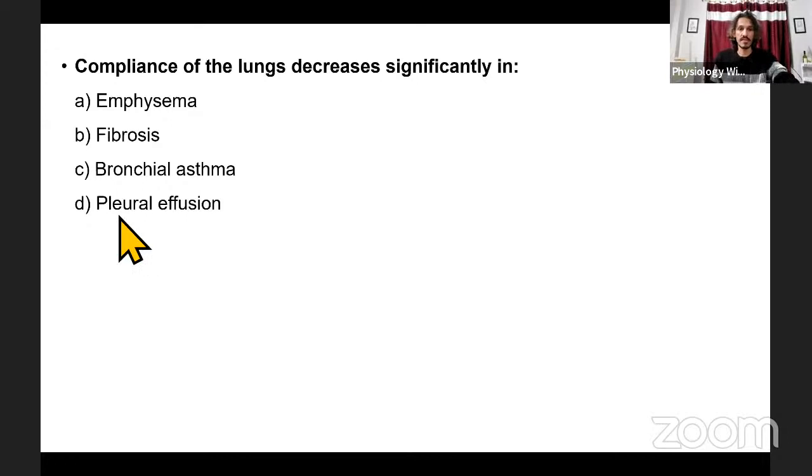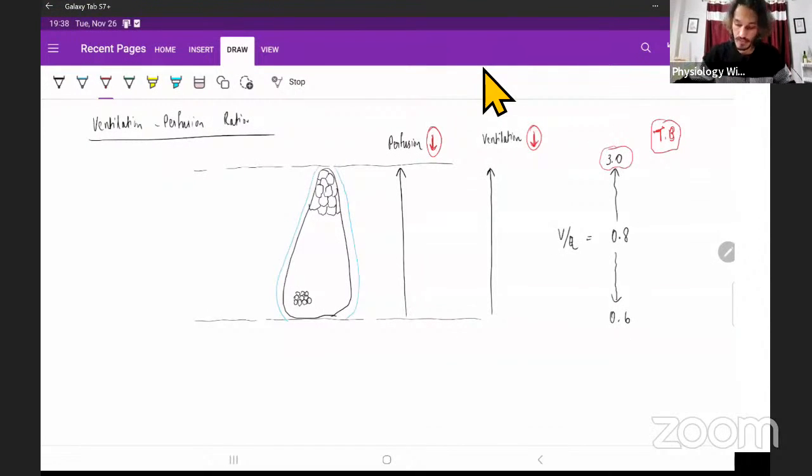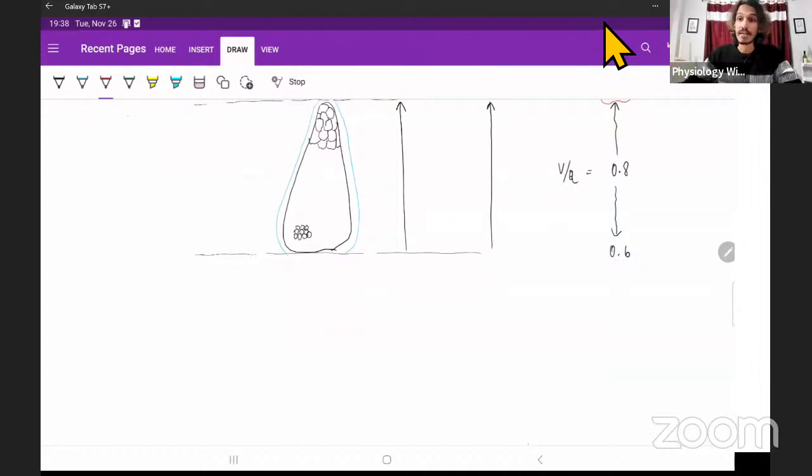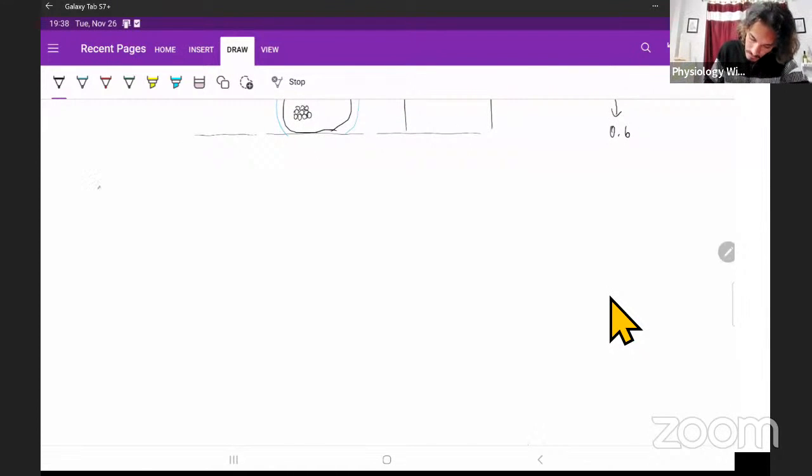Okay, so first thing, we're going to talk about your compliance. In compliance, what we're talking about is how much change in volume is happening for a unit change in pressure.